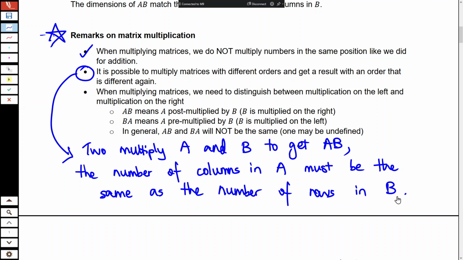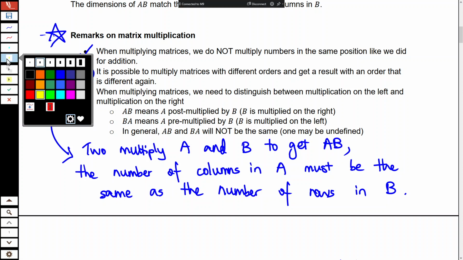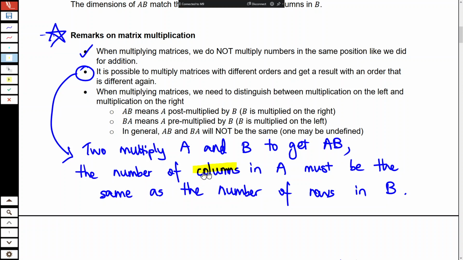So in a moment, we will multiply matrices with different sizes. Just now we did 2 by 2 and 2 by 2. But we can have cases where the matrices have different sizes. And what we want is the columns in the first matrix to be the same as the number of rows in the second matrix.